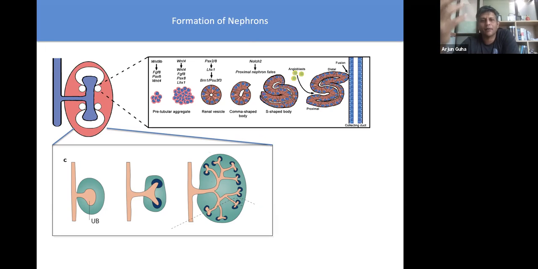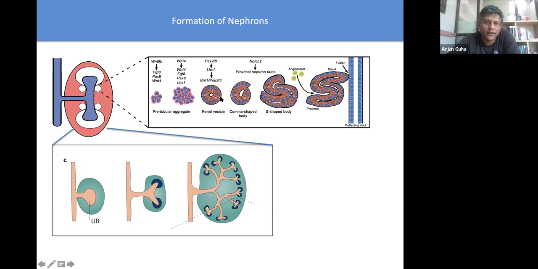as this process is happening, there is a process of refinement or specialization that begins to happen in the cap mesenchyme, such that by about E11.5, E12.5, a group of cells in the cap mesenchyme now begin to coalesce together. Again, mesenchyme to epithelial transition is what is occurring, where a group of cells begin to coalesce together to form what is called a pretubular aggregate.